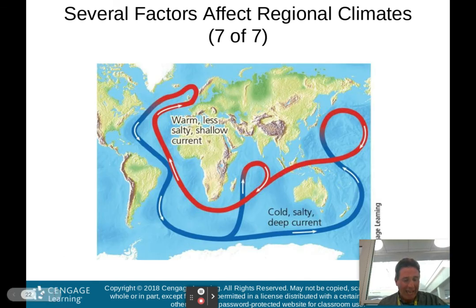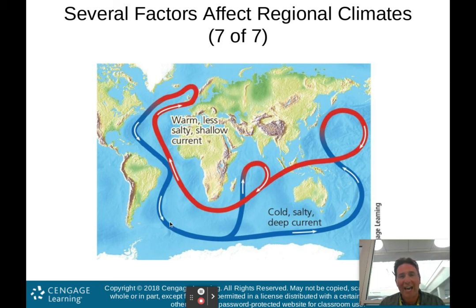And then finally, we have these deep and shallow ocean currents that move warm and cold water around the Earth. So again, where you're near warmer water, you're going to have a warmer climate than if you're near colder water. And so what happens is these deep and shallow ocean currents actually help redistribute heat, right? Look at that, bring hot water north. What happens when hot water gets north? It cools down, right?